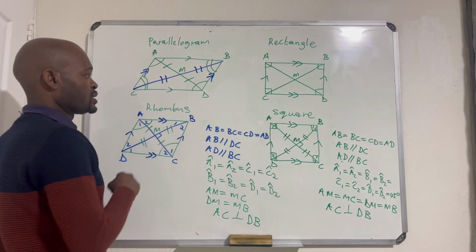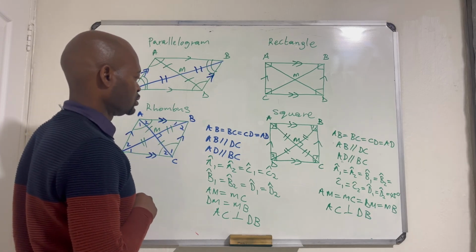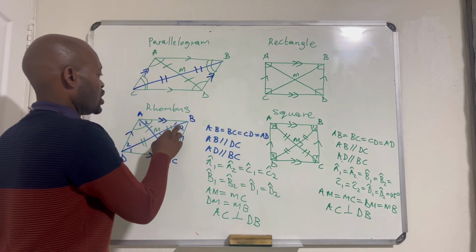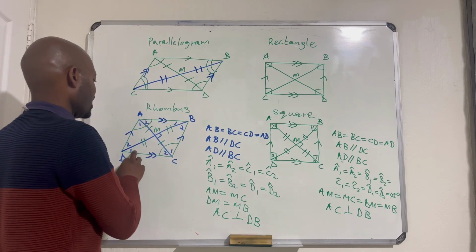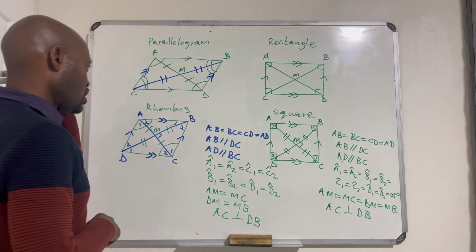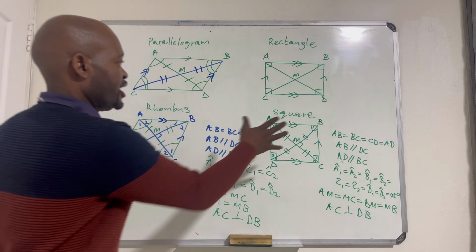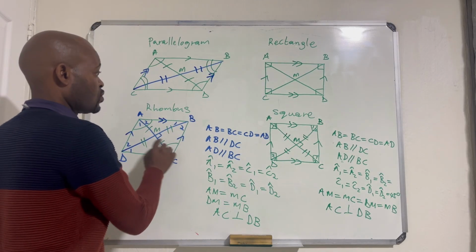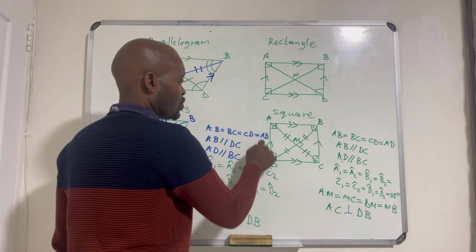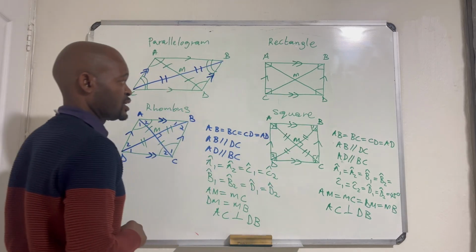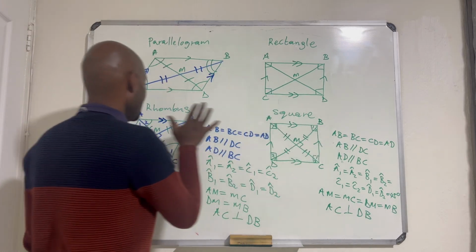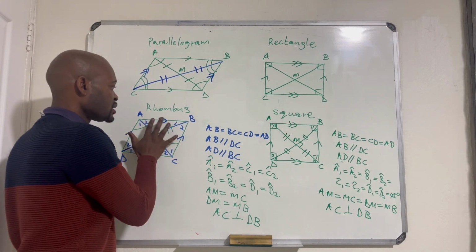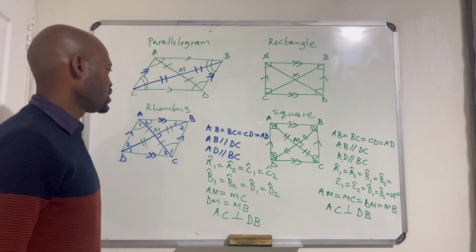Opposite angles are equal. You can see that because this angle is equal to that angle, equal to that angle, on a square. Even here, this is equal to that, this is equal to that. Therefore, a square is a rhombus. But a rhombus is not a square.